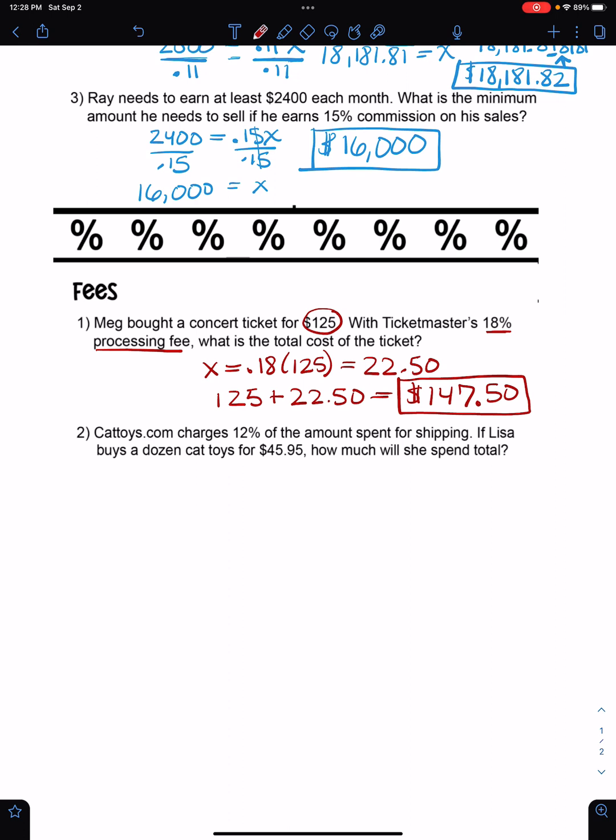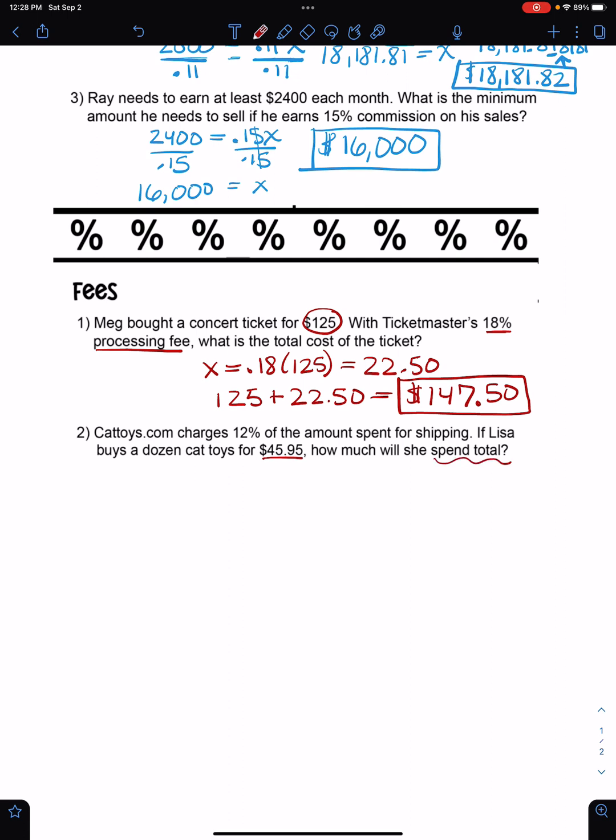All right, cattoys.com charges 12% of the amount spent for shipping. So whatever it costs to buy these items on cattoys.com, the website's going to charge an additional 12% for shipping. If Lisa buys a dozen cat toys for $45.95, how much will she spend total?